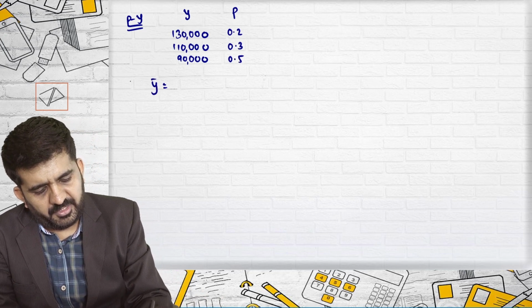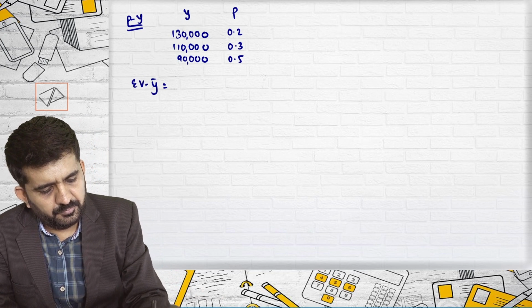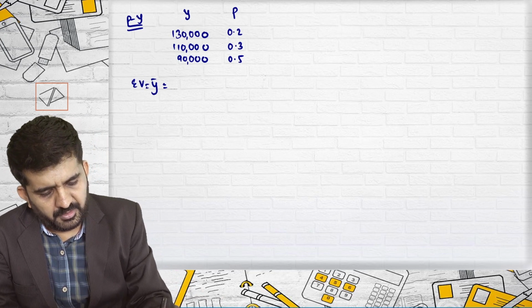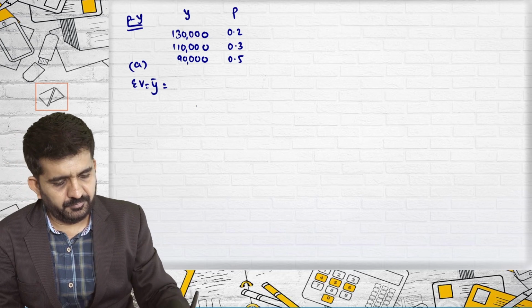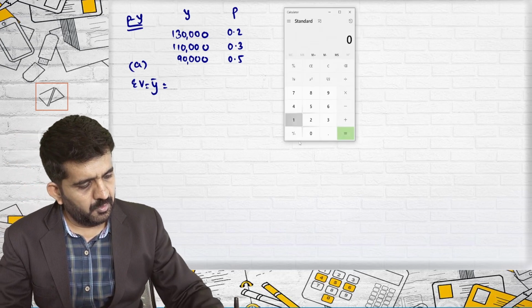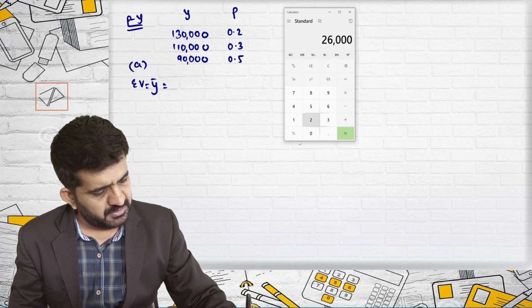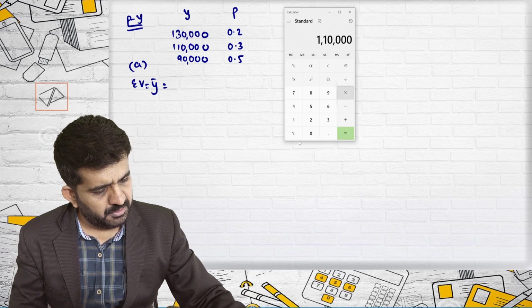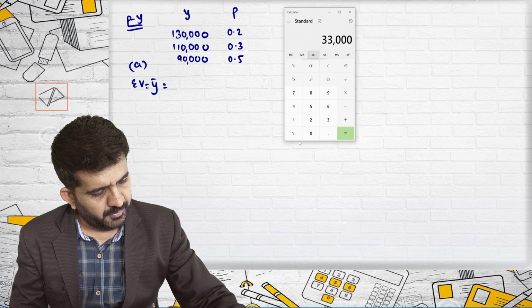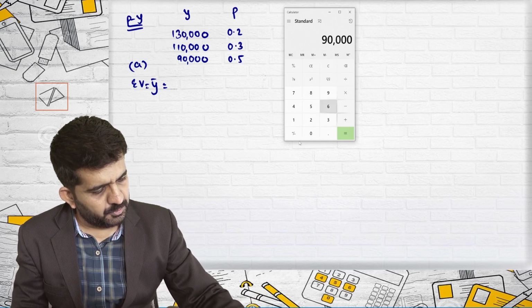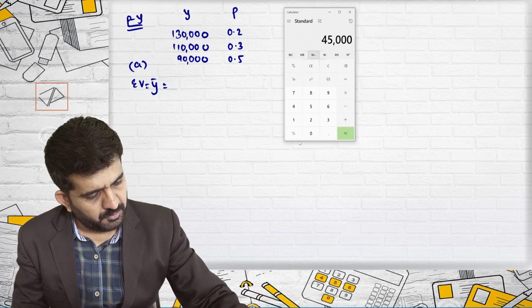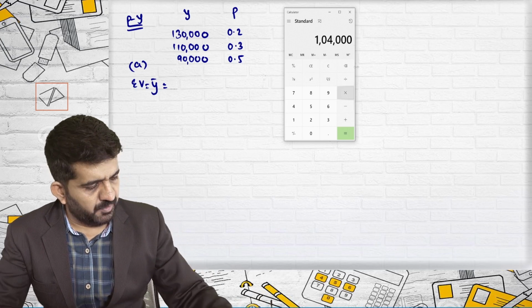Y bar or expected value, answer A: 1,30,000 into 0.2 plus 1,10,000 into 0.3 plus 90,000 into 0.5 is 1,04,000.